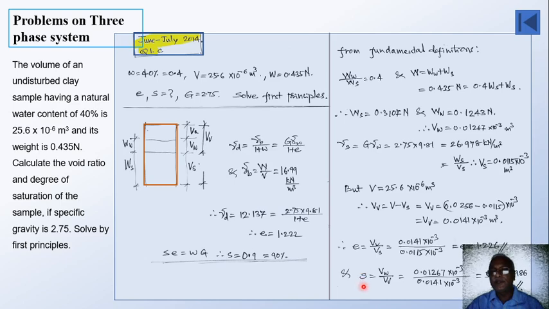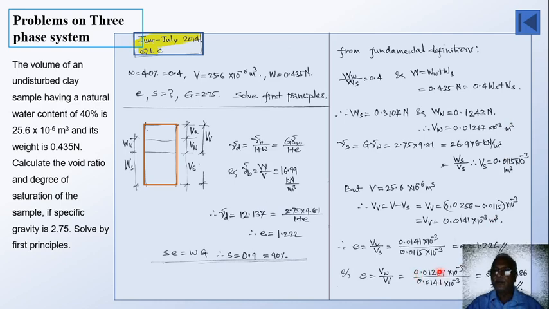Now what is degree of saturation? By definition, it is volume of water divided by volume of voids. Volume of water I have calculated. Volume of water present is 0.01267 into 10 raised to minus 3.